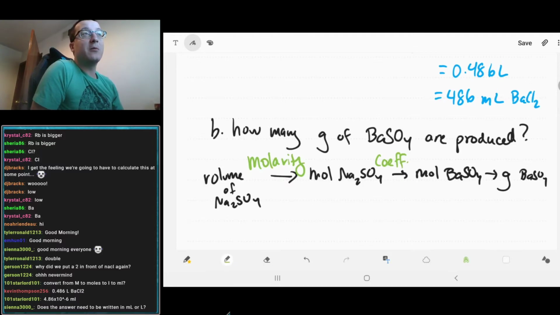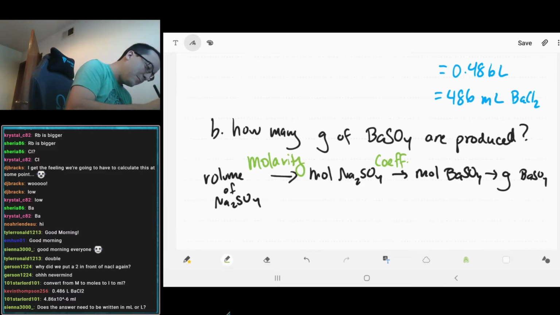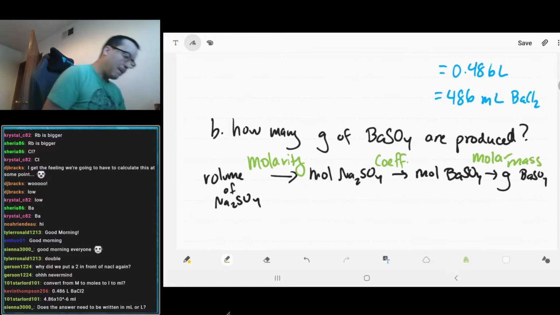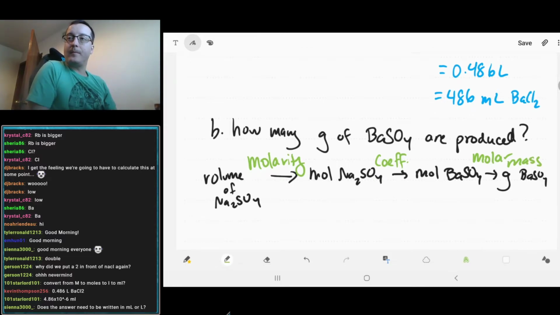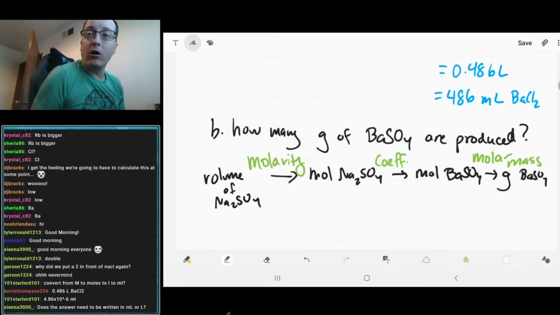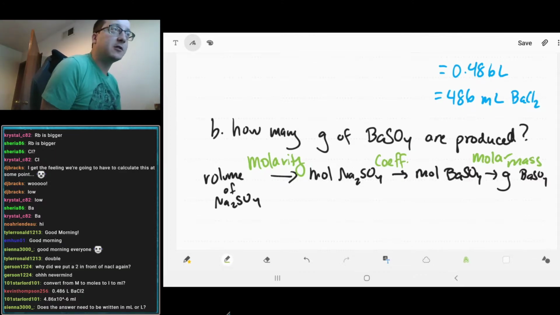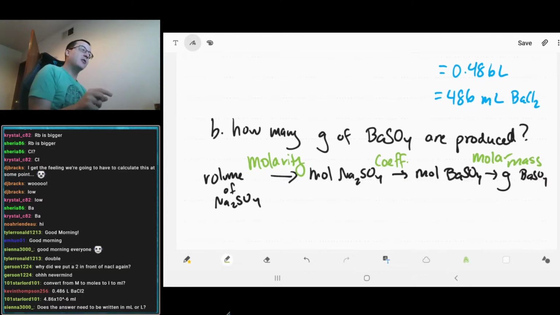And now we remember, okay, how do we go from moles to grams? Oh, that's right, it's molar mass. So all stoichiometry comes down to is planning your route and identifying the conversion factors that you're going to need to get there.